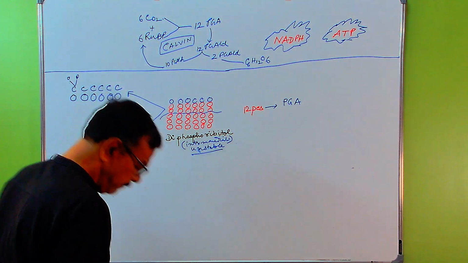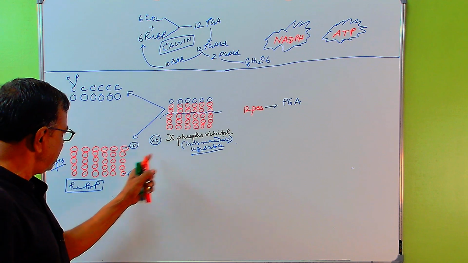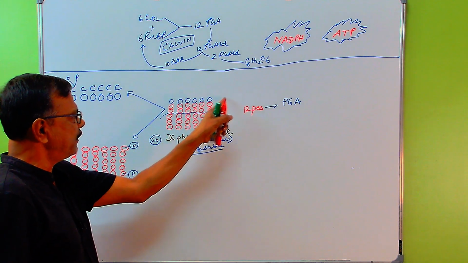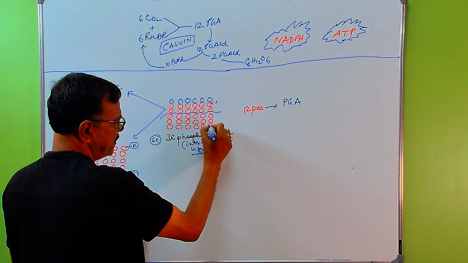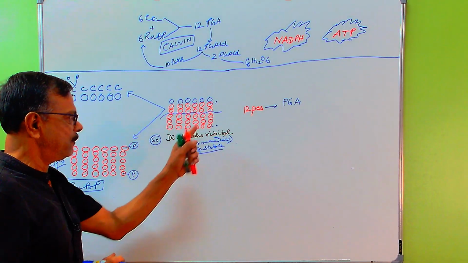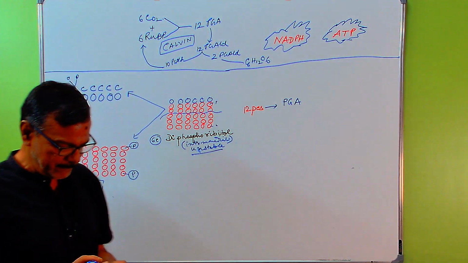That is, it got phosphate because here is phosphate. So 2 phosphates: 1 phosphate will go here, 1 phosphate here. Each will get phosphate. So these are called glyceric acid.